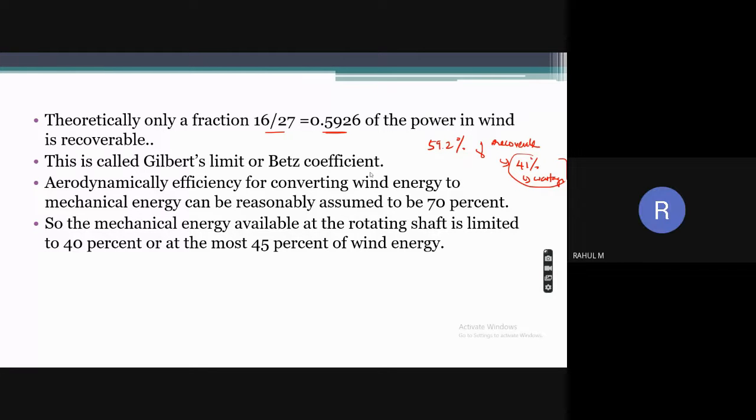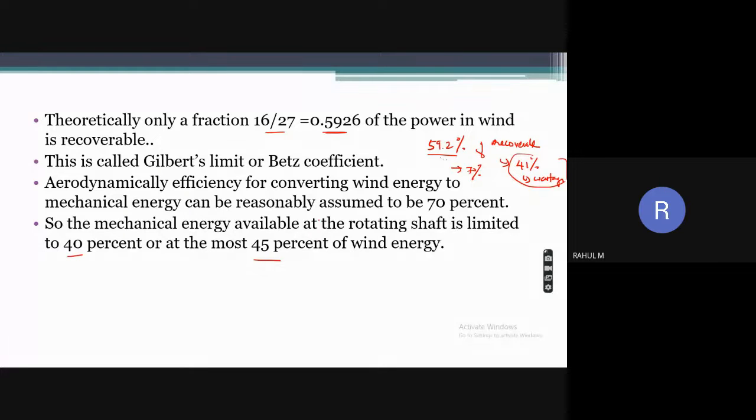Now we have further seen that out of this 59.2 percent which can be converted into power, around 30 percent again is lost. So as a sum total you will be getting only 40 to 45 percent of the wind energy as convertible.